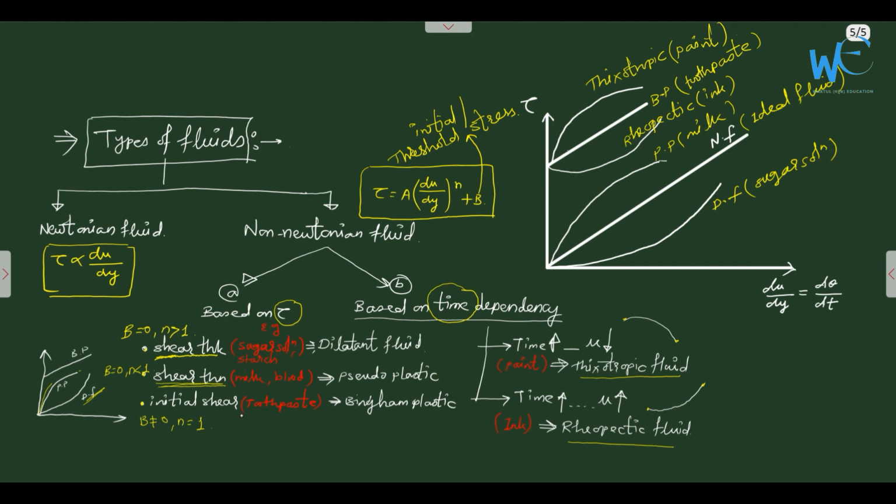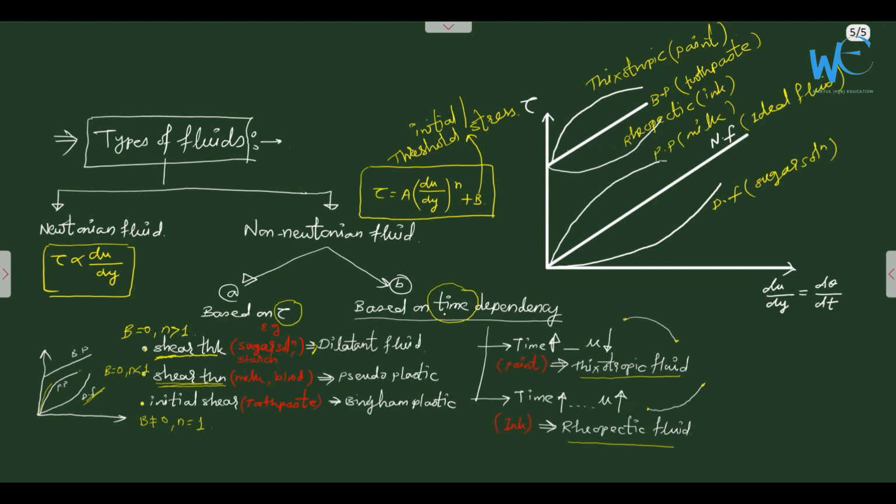For initial shear, you have to push it to make it come forward. Such liquid examples are toothpaste or tomato ketchup, right? Shear thickening fluid is called dilatant fluid. Shear thinning is known as pseudoplastic, and initial shear is known as Bingham plastic.